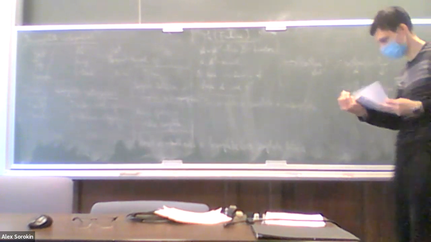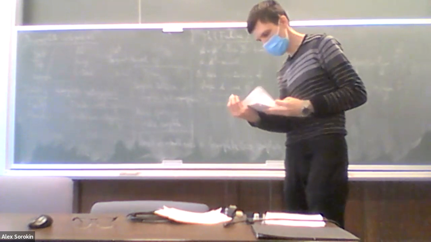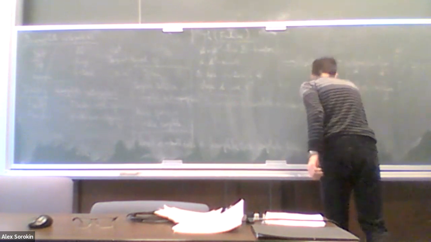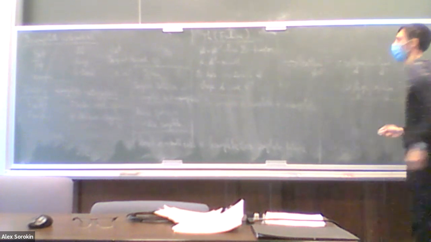Okay, and to finish, I want to ask the question that I was assuming someone would ask, but nobody asked me. Can I exchange limits and co-limits? That's a very serious question. Who studied game theory?